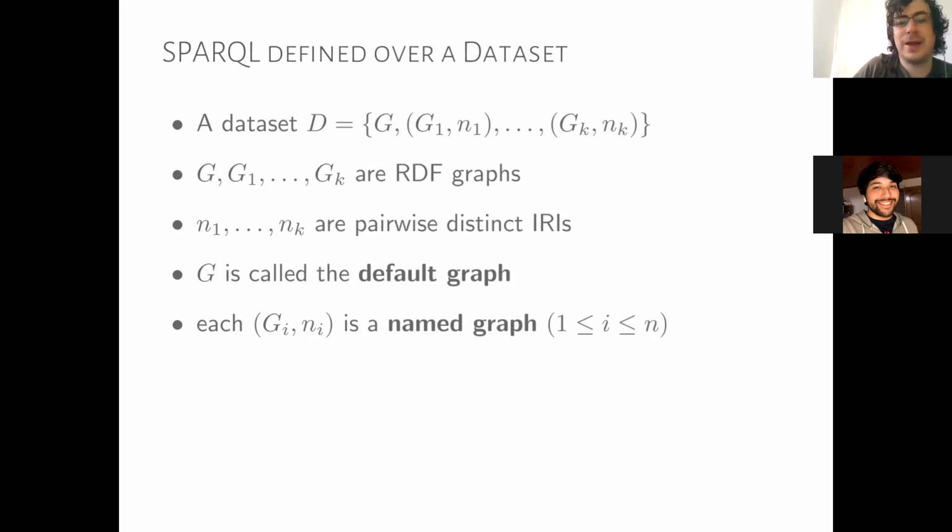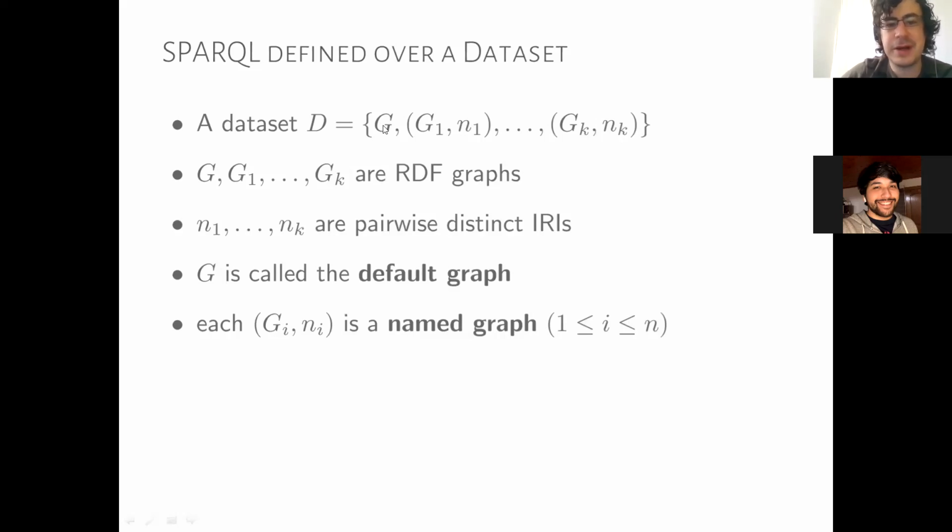So that's the core idea, and this is formalized as a data set. A data set consists of a graph G and then a list of named graph pairs. This G is an RDF graph called the default graph, and each of these pairs is an RDF graph and a name for that RDF graph.